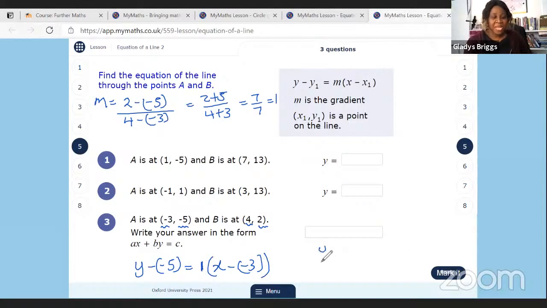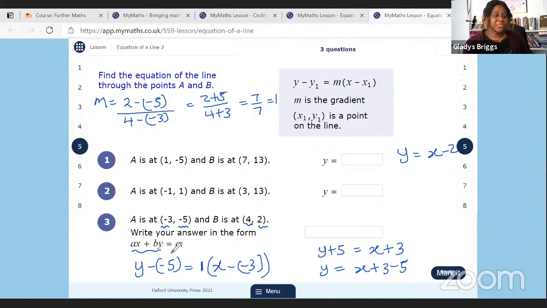Okay, so y plus 5 is equal to x plus 3. Y is equal to x plus 3 minus 5. Y is equal to x minus 2.